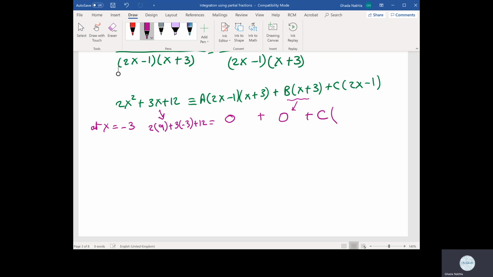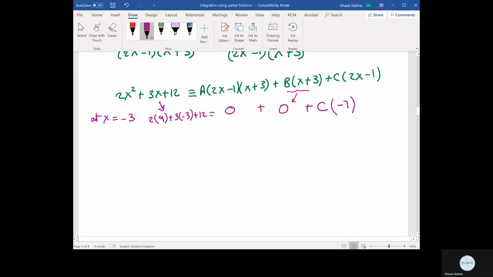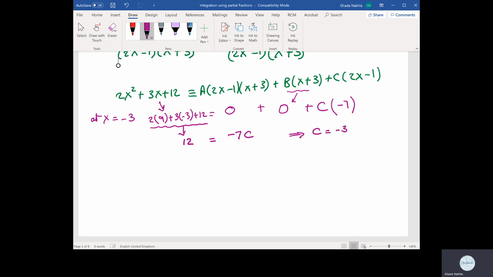So let's substitute. Minus 3 times 2 is minus 6, and minus 1 is minus 7. Substitute. Right? That's 18 minus 9 plus 12. If we do the maths here, this will come up to be 21, equals minus 7c, and therefore c must be equal to minus 3.